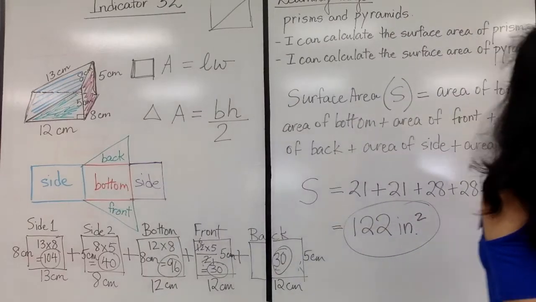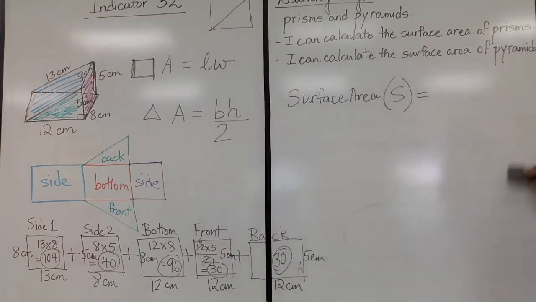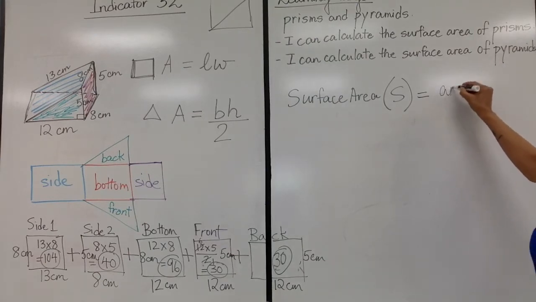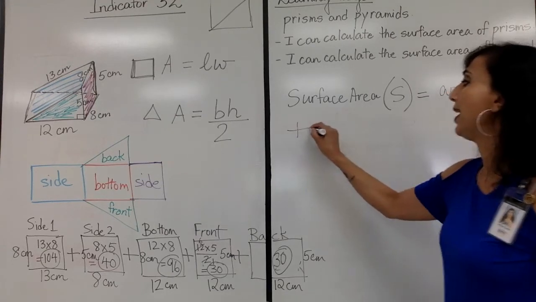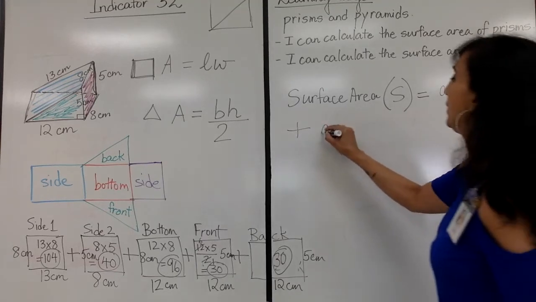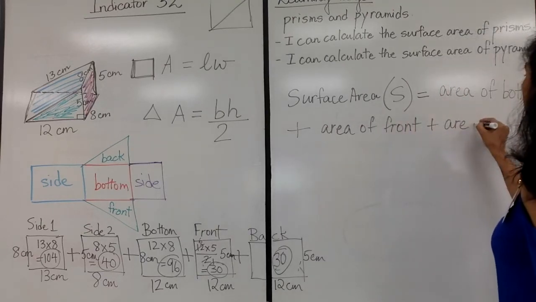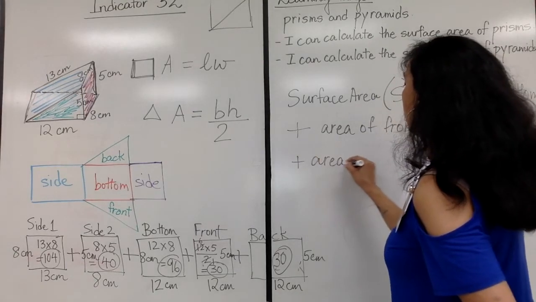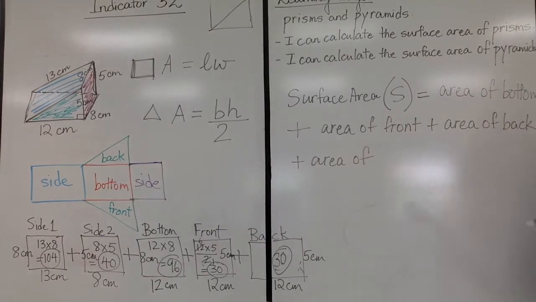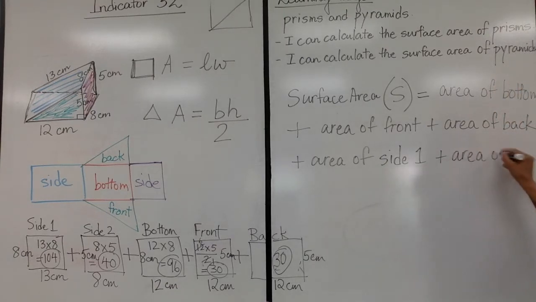Now, in order to calculate the surface area of this triangular prism, we find the area of the bottom plus the area of the front, area of the back, plus the area of the first side, which I'll call side 1, plus the area of side 2.